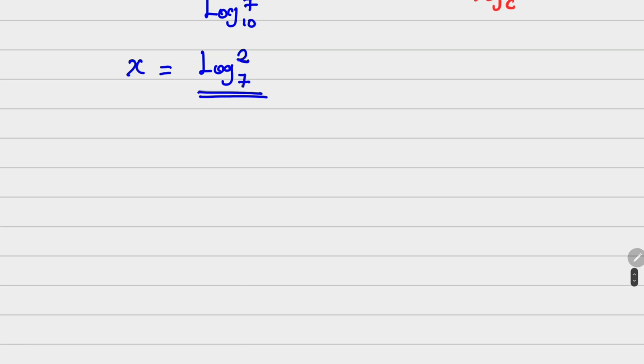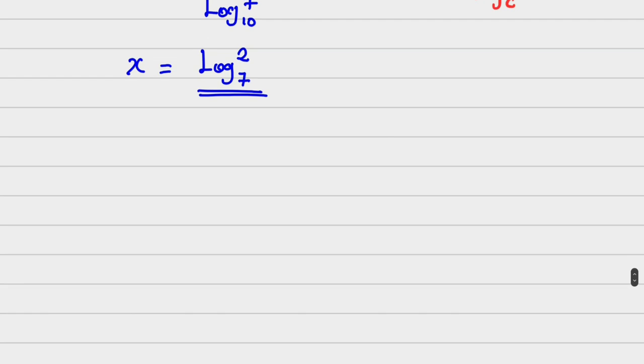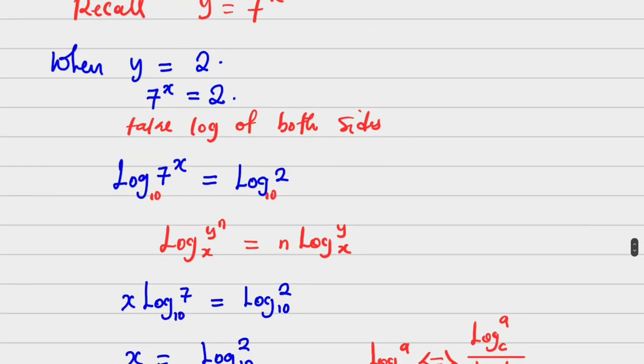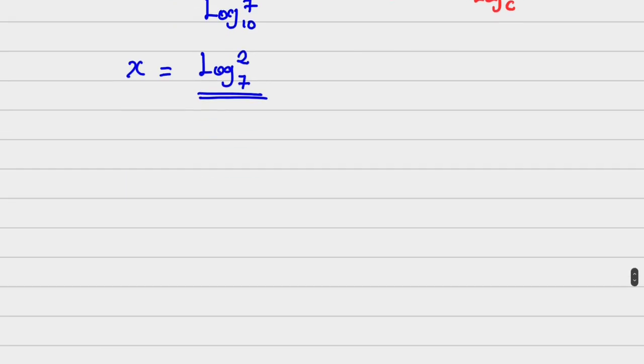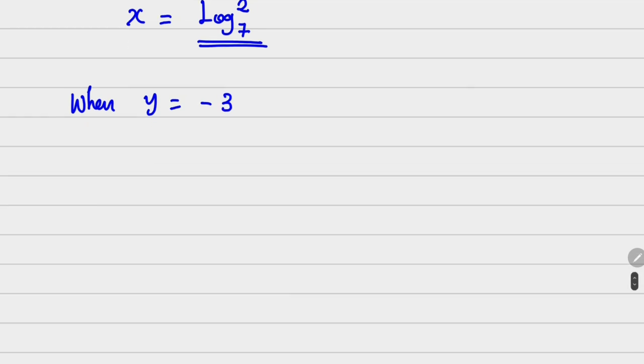When y is minus 3, okay, good, minus 3. So we come down when y is equal to minus 3. Now what I'm going to have will be 7 raised to power x is equal to minus 3. Now from the look of this, if I want to take the logs, this is going to be log base 7 of minus 3.